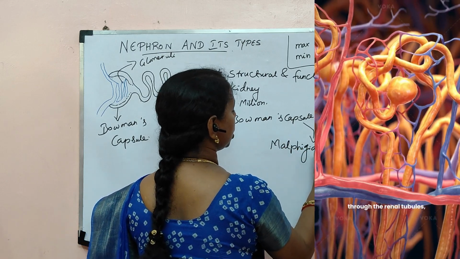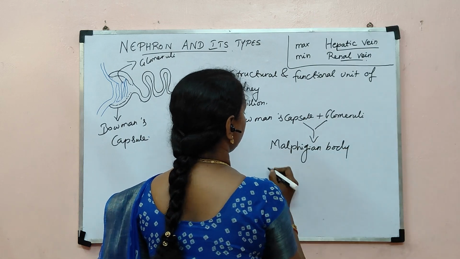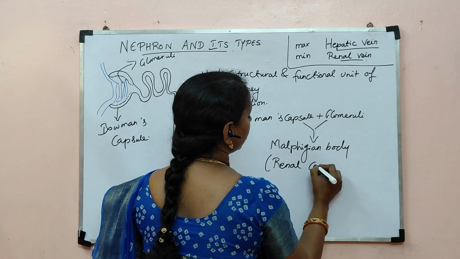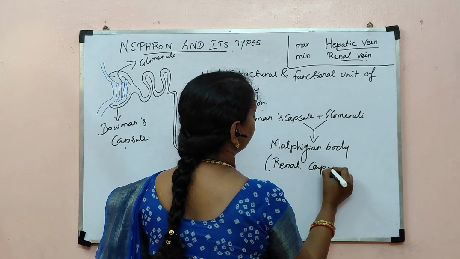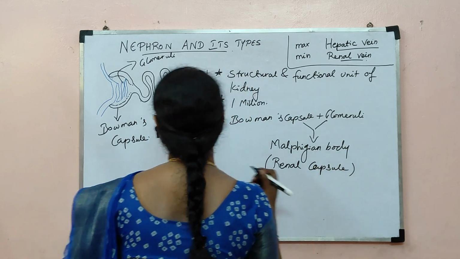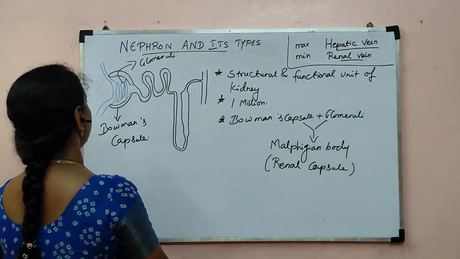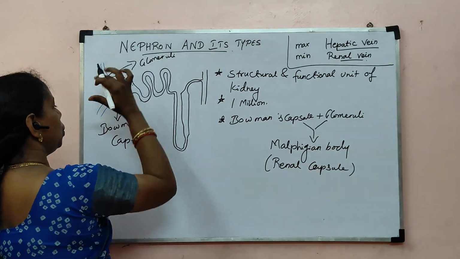Again a possible question: what is called Malpighian body? Otherwise called renal capsule or corpuscle.